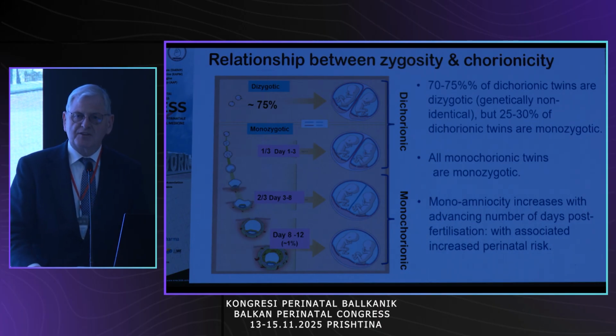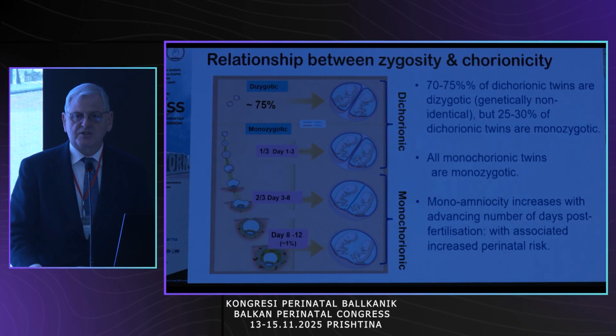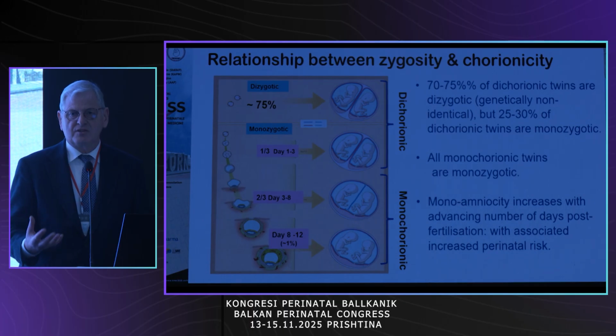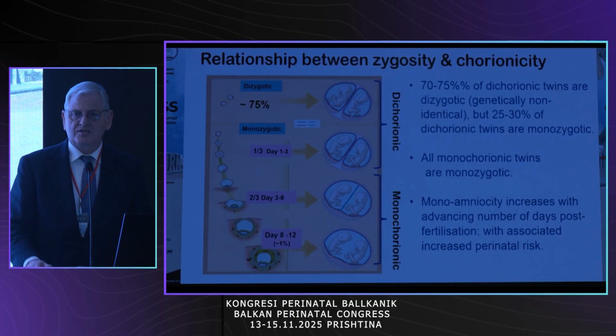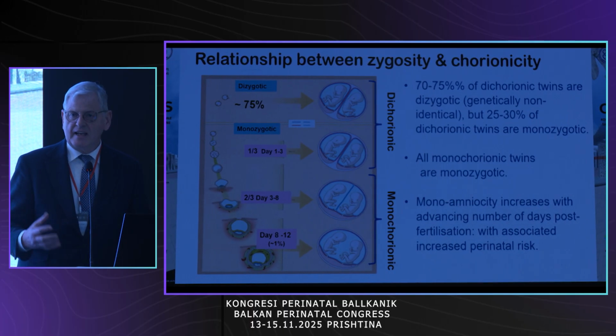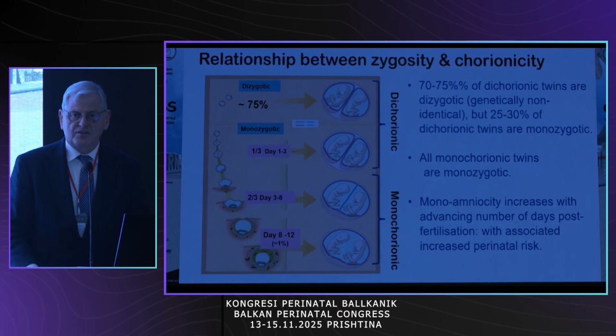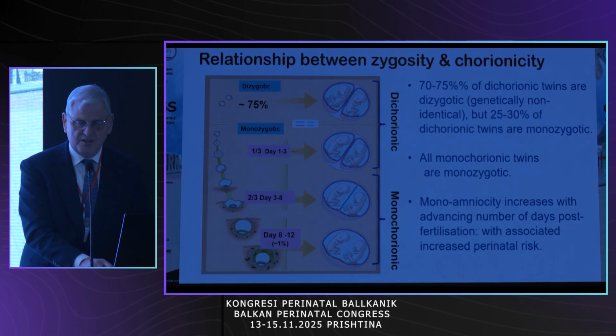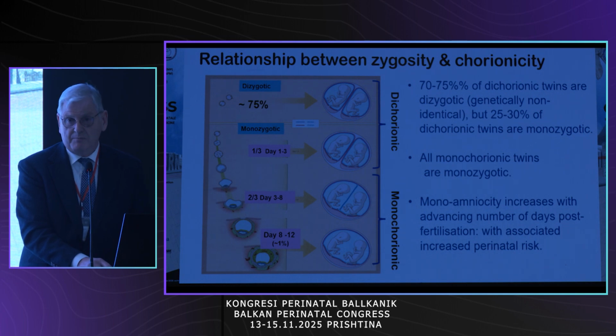But the real pathogenic nature of twin pregnancies is focused upon the late division of the fertilization of a single blastocyst, leading to monochorionicity, and the later that division occurs, the greater the risk for the pregnancy in terms of fetal perinatal mortality and morbidity.